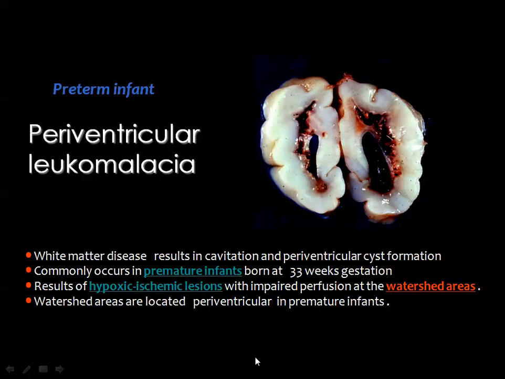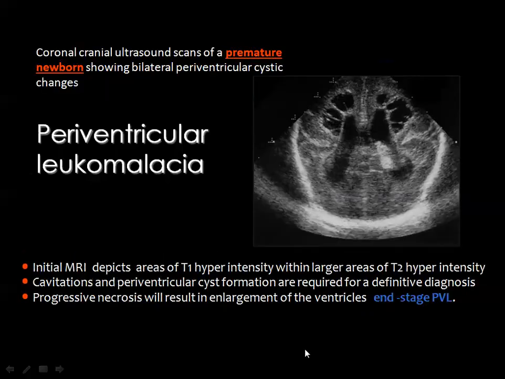Then this abnormality is commonly seen in the premature infants, and every premature infant should be checked for the presence of these complications, including the periventricular leukomalacia and the germinal matrix hemorrhage.